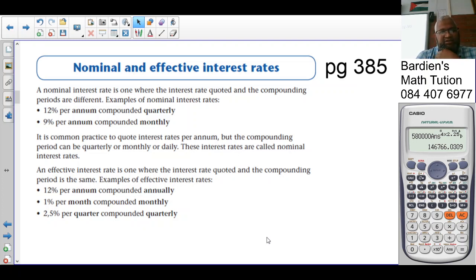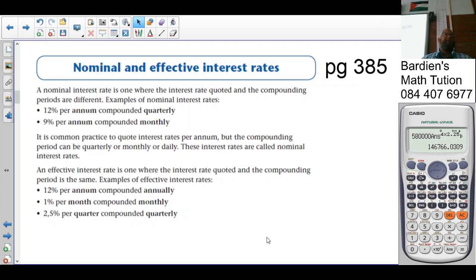These interest rates are called nominal, as I just said. An effective interest rate is where the interest rate quoted and the compounding period are the same. So here the examples are given as 12% per annum compounded annually, or 11% per annum compounded monthly, or 12% per quarter compounded quarterly.